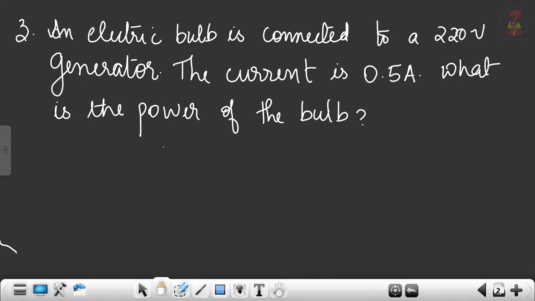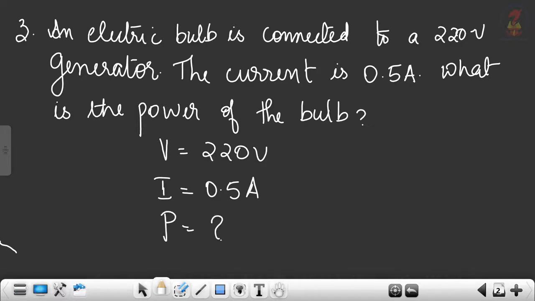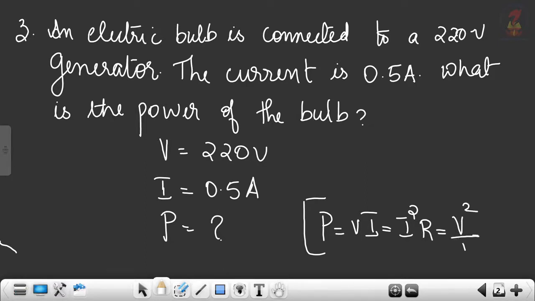So in this question, potential difference is given as 220 volt, then current is given as 0.5 ampere. We need to calculate the power. So three equations are there to calculate the power, that is P equal to VI, that is equal to I squared R, that is equal to V square by R. Any of the three equations we can use and find the power.